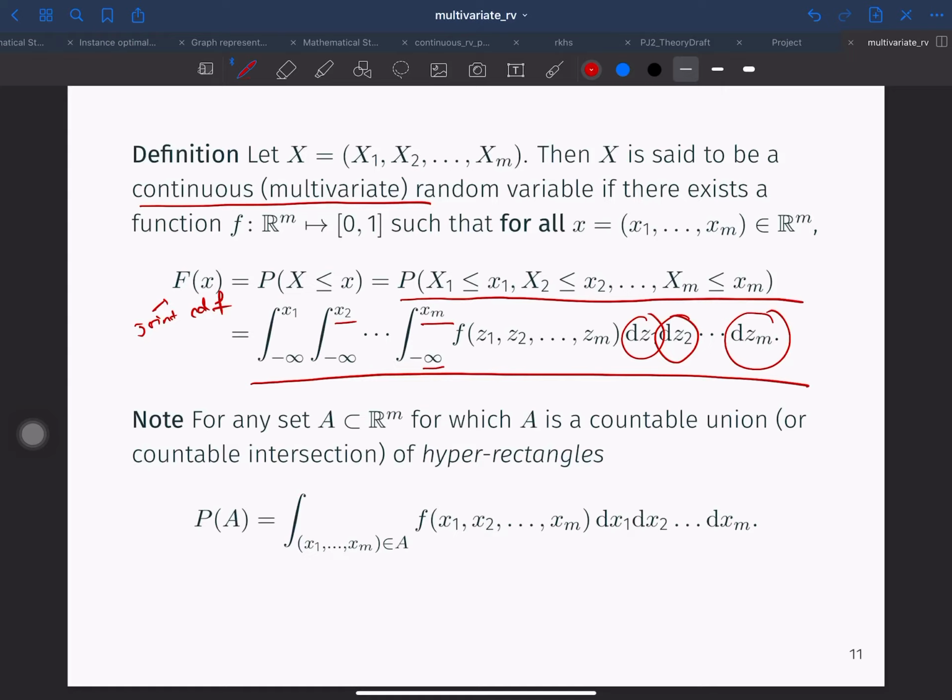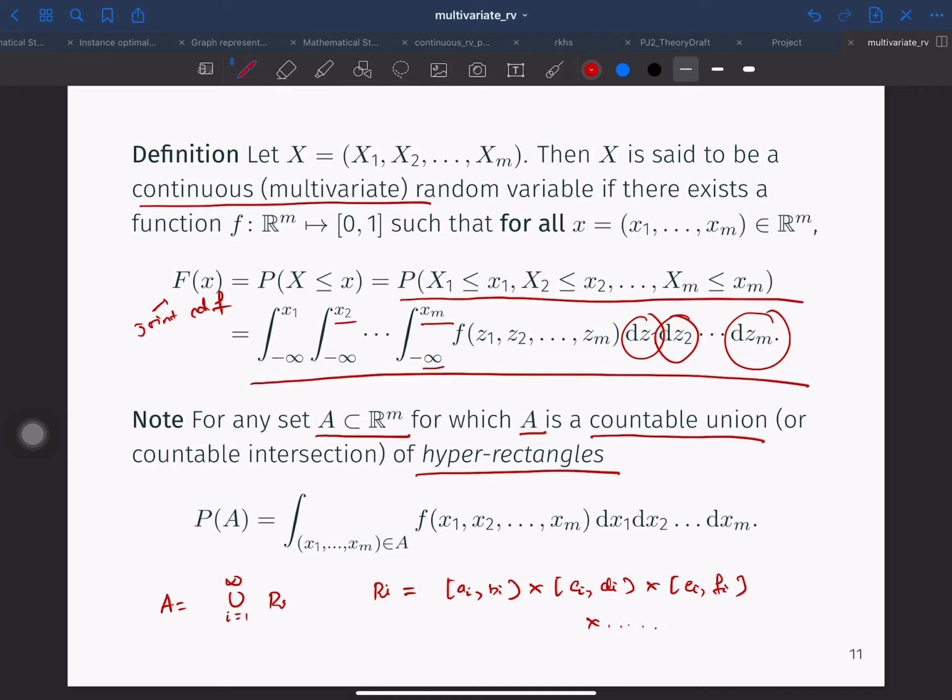But in any case, now for any set A in Rm which is a countable union of hyperrectangles, we write A as the union of rectangles Ri, i from 1 up to possibly infinity, where the hyperrectangle Ri is Ai, Bi, Cartesian product Ci, Di, Cartesian product Ei, Fi, all the way up to the interval for xm.